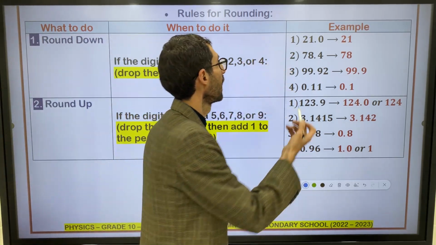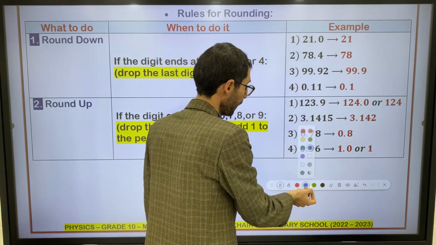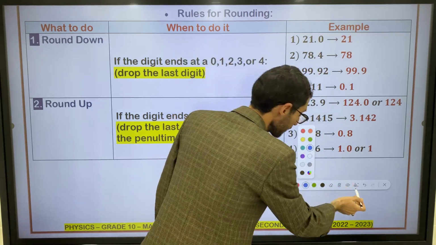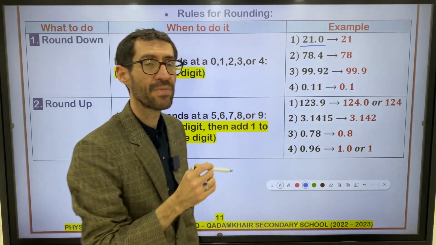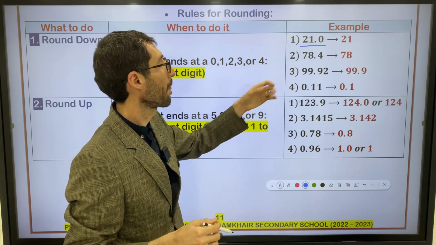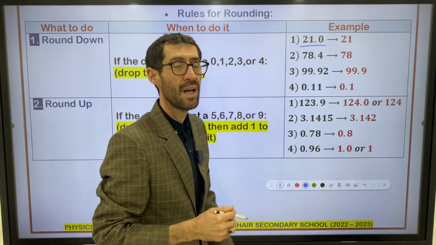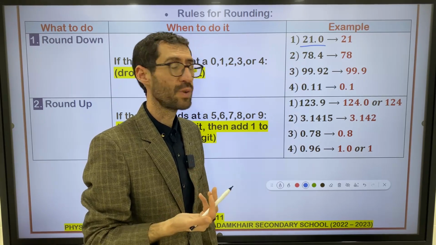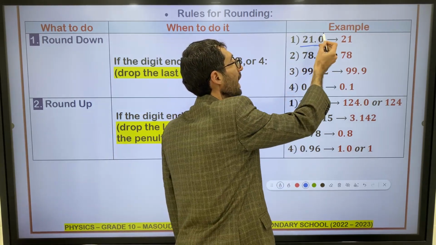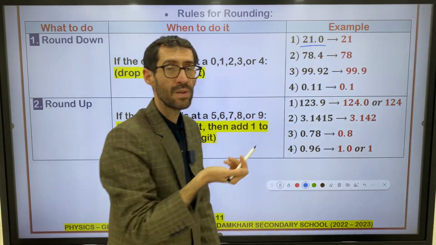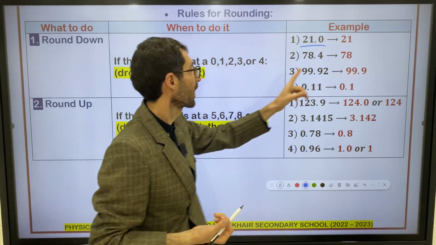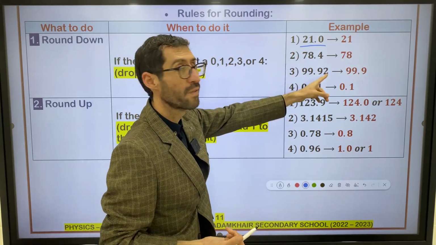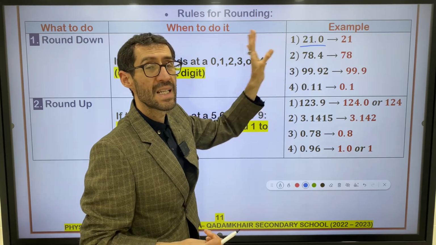So right now, let's focus on these examples. 21.0. We want to round it. How do we round it? Because the number ends with 0, just drop the 0, and it will be 21. Number 2, 78.4.